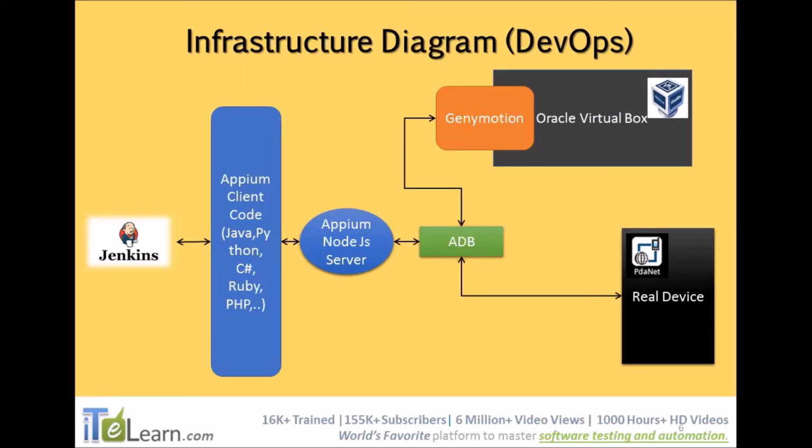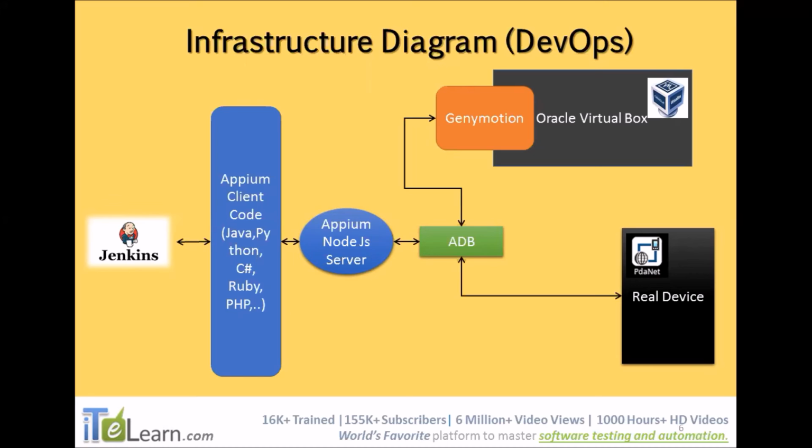So Appium being a Node.js architecture, it understands these WebDriver scripts coming from your code, and then it actually sends the command to the Android SDK, where the class ADB, this is Android Debugging Bridge. So ADB stands for Android Debugging Bridge, which actually helps us to drive the commands coming from the Appium node server to the respective devices.